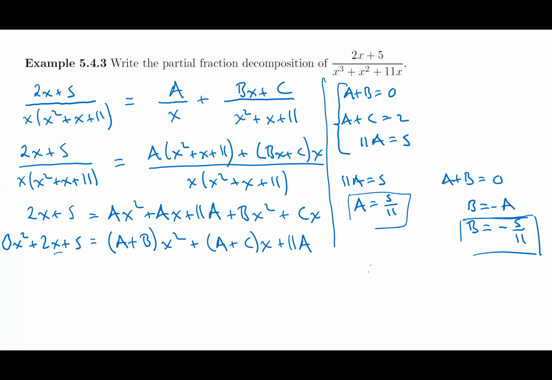And then we have a plus c equals 2. So 5/11 plus c equals 2. And so c is going to be 2 minus 5/11. 2 is 22/11. 22 minus 5 is what, 17?